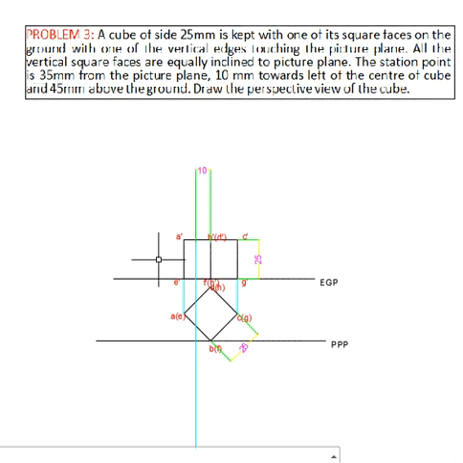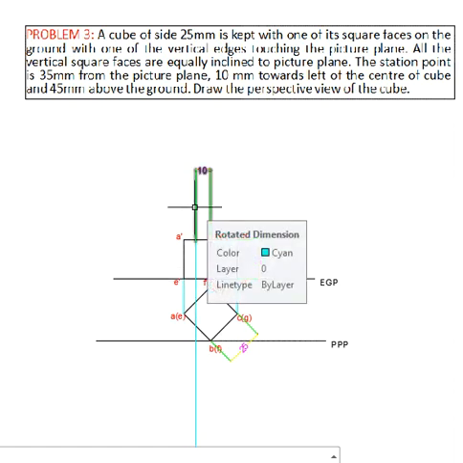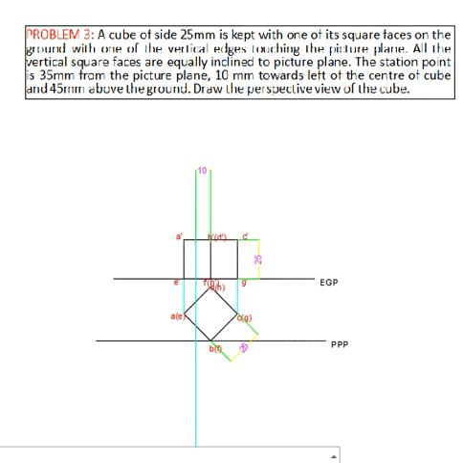So small letter s is 35 mm below PP line and the s dash is 45 mm above EGP line. So let's draw s dash and s. S dash is 45 mm above. So that is point S dash.